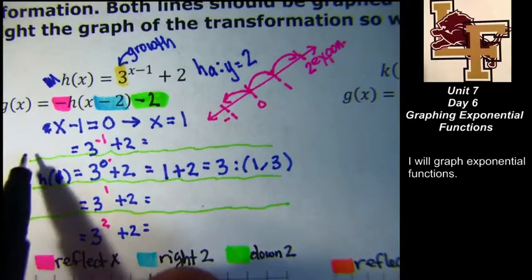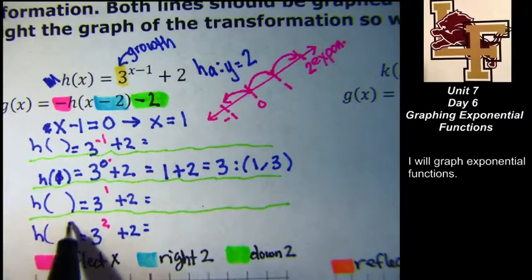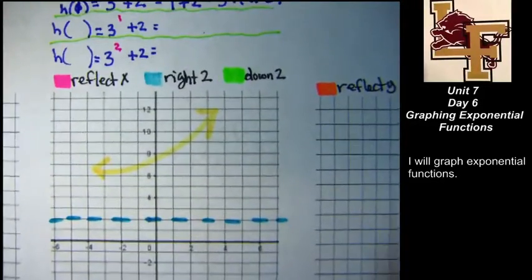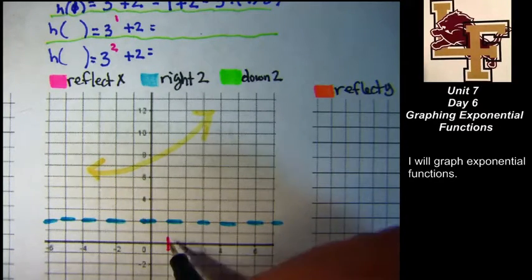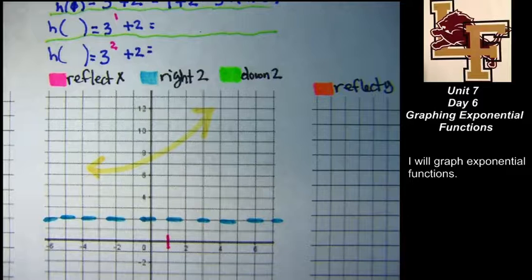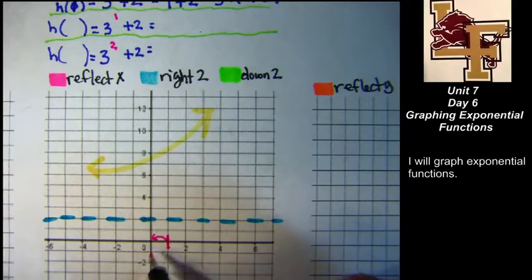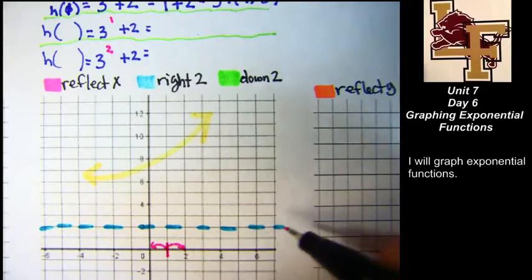Let's go figure out what values of x make these happen. Looking at the graph, I figured out that when x is 1, my exponent is 0. 1 hop to the left gives me an x of 0. 1 hop to the right gives me an x of 2.